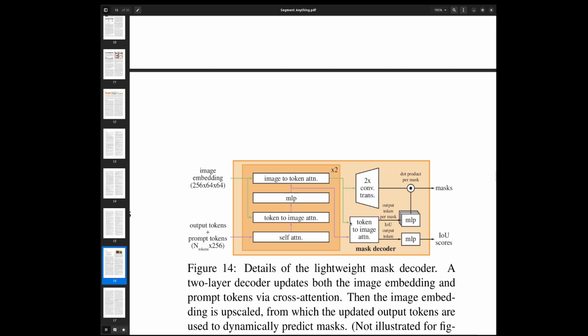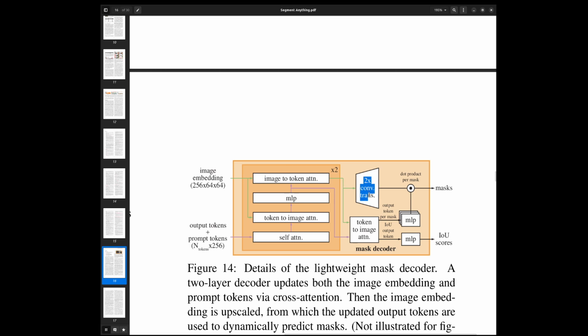Okay, interesting. And then they attend again. Oh yeah, so then you take all the tokens that come out of this block and all the ones that come from here, I guess you concatenate them together, and then you let them attend to each one of them, while you use the image to token attention.